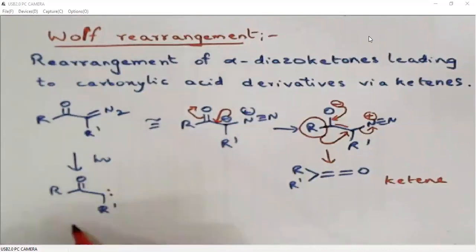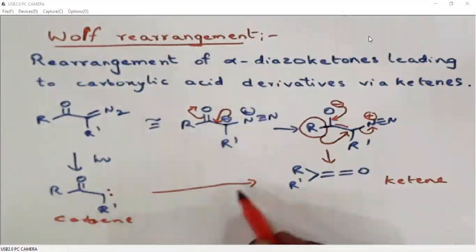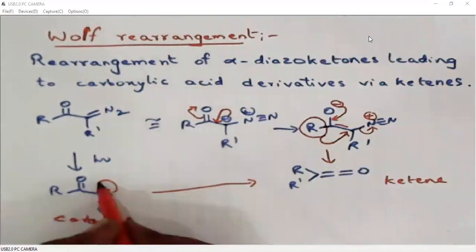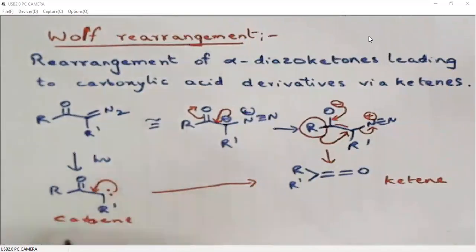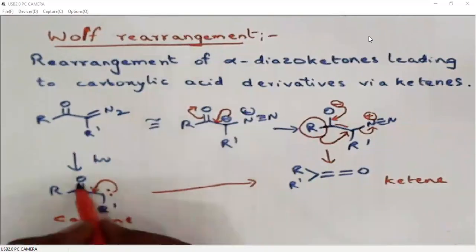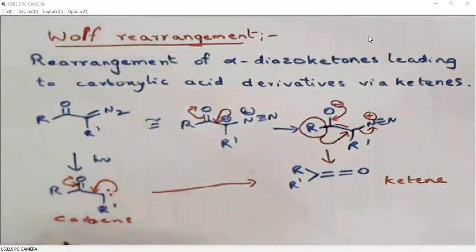This is a carbene. Now the carbene will undergo rearrangement to ketene. I'll show you how. When electrons are polarized towards carbonyl, the carbonyl bond will break down, then again will polarize back to generate the C double bond O. Now this alkyl group will shift to this carbon.